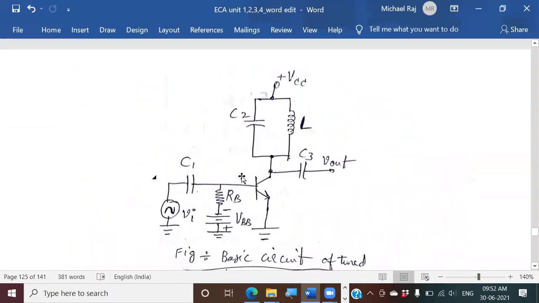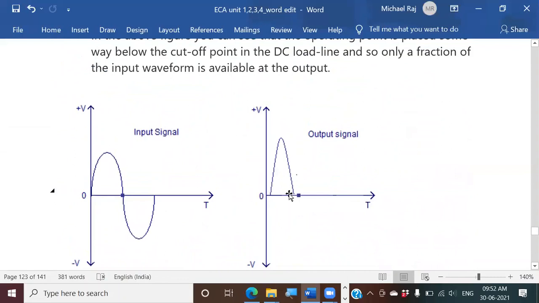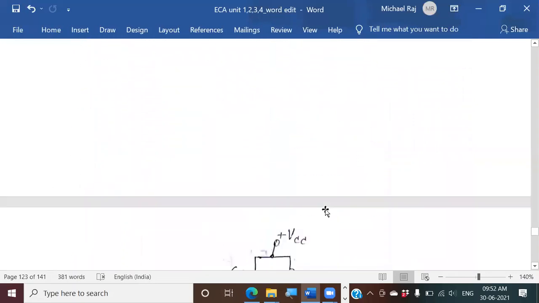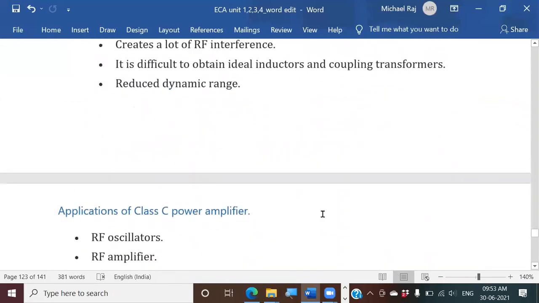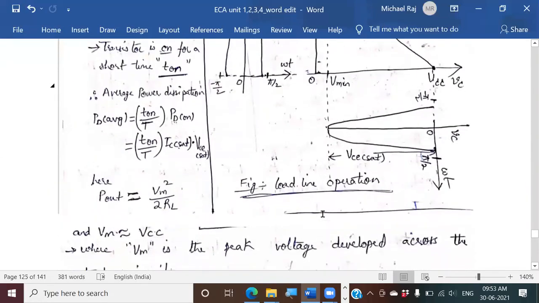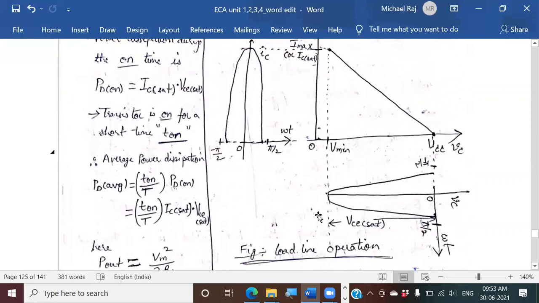Remaining time period, the signal is off. So how to calculate the average? The on time divided by total time into the power.